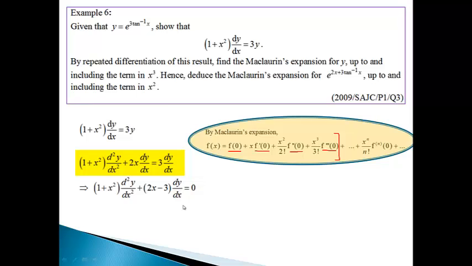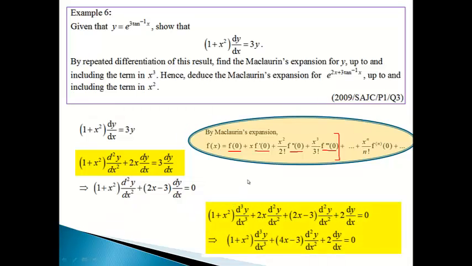Of course, now I need an equation involving d3y dx cubed. So for now, we only have d2y dx squared. So we need to differentiate this equation here implicitly with respect to x. So the same process goes on.